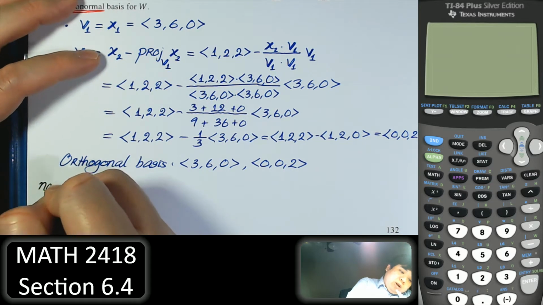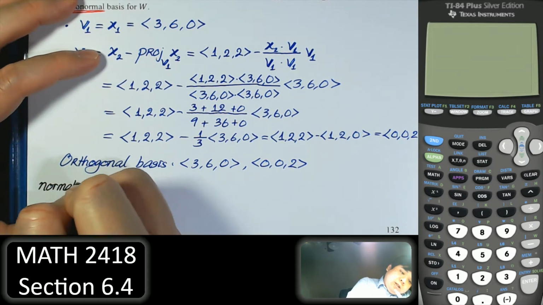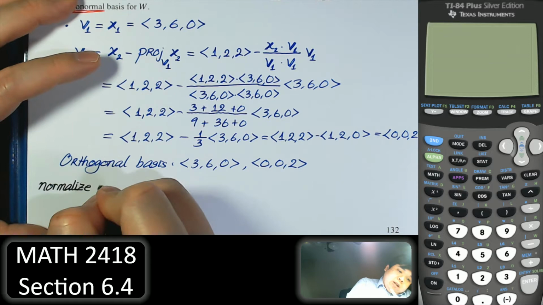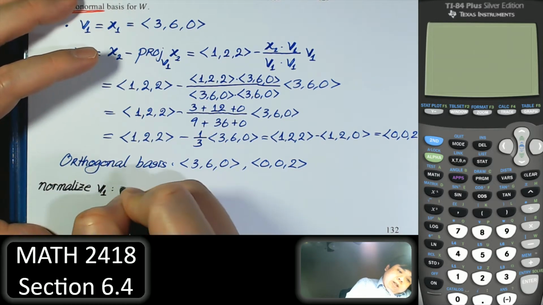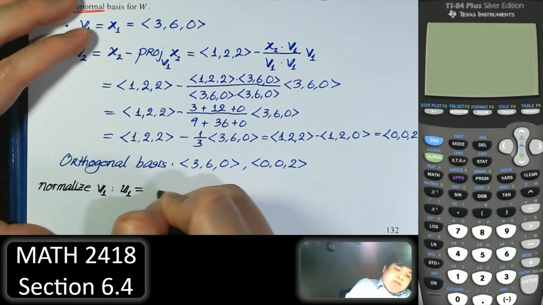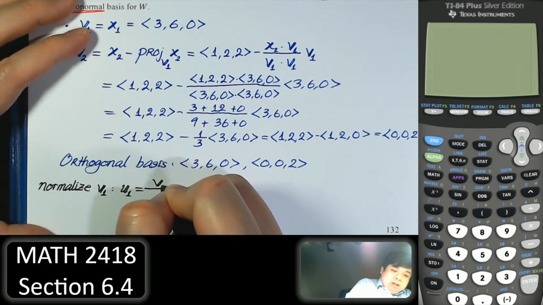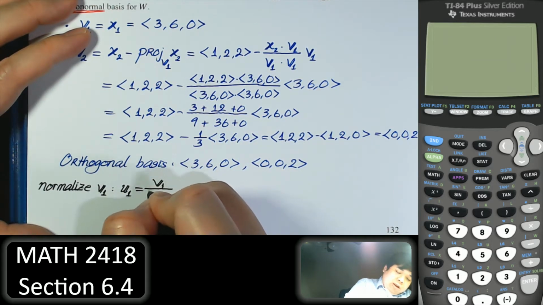So we normalize v1. We have u1, the unit vector in the direction of v1, so just v1 divided by the magnitude of v1.